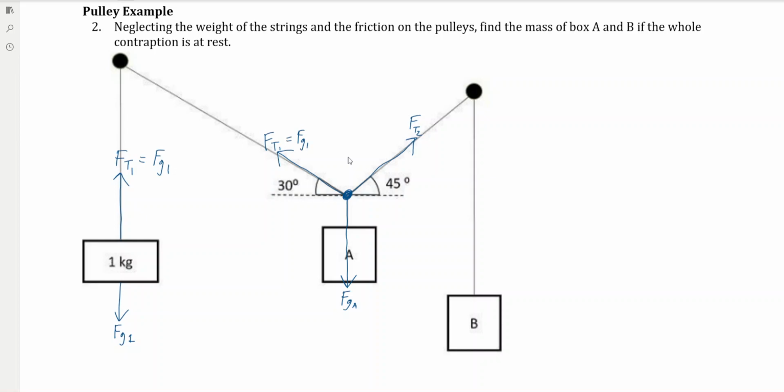Okay, so we'll use that in a second, but don't worry, we'll come back to it. Here on box B, we've got the force of gravity B, Ft2, and down here we've got the force of gravity B, which has to be also equal to, because it's at rest, the force of tension, which is helpful because this is also FGB.